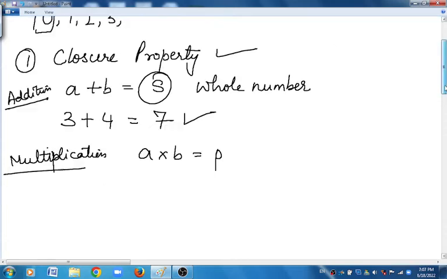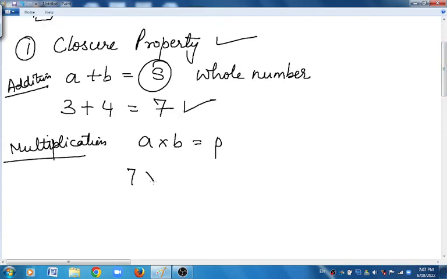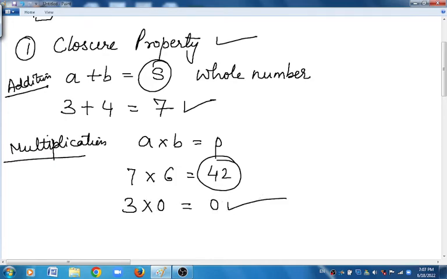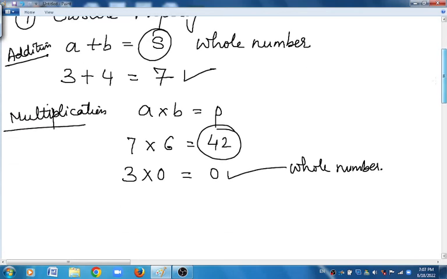Suppose a is 7 and b is 6. The product is 42, which is again a whole number. Take one more example. If we are multiplying 3 by 0, it is 0, and 0 is again a whole number. So closure property is satisfied by these two operations, addition and multiplication.